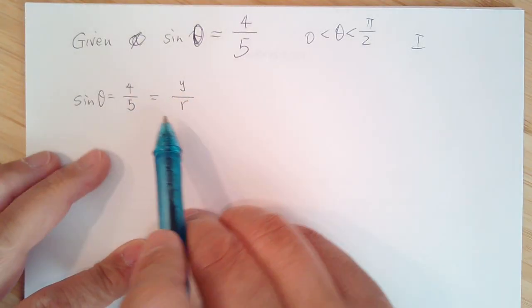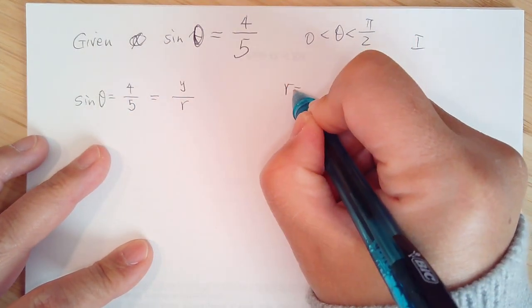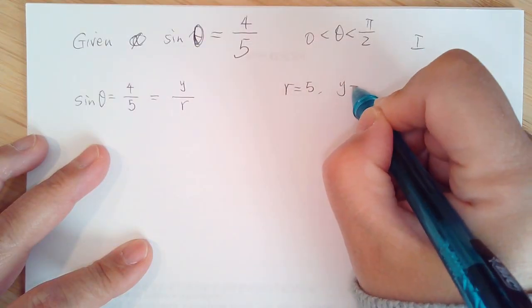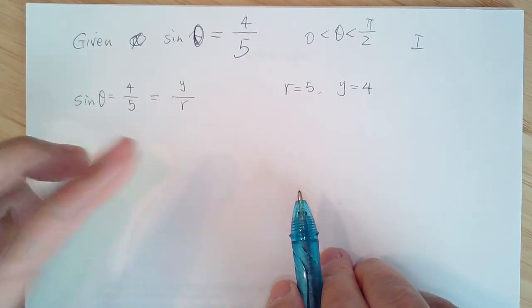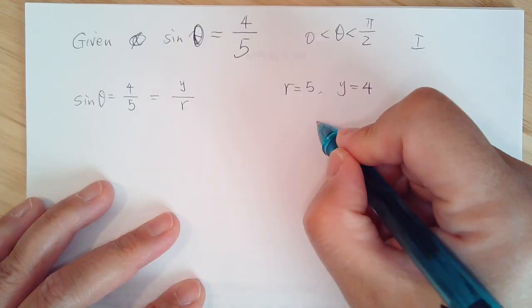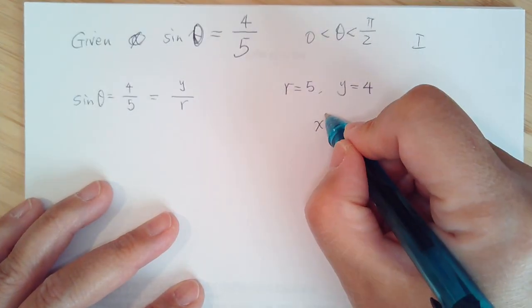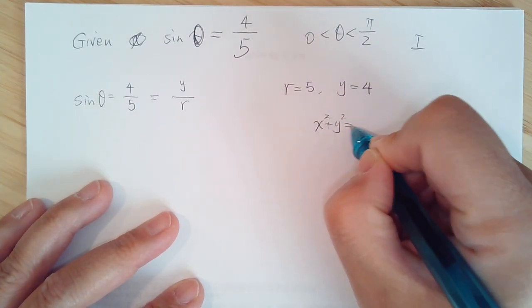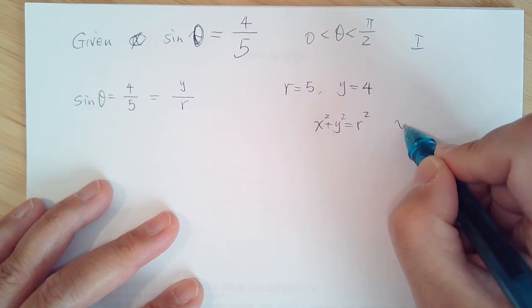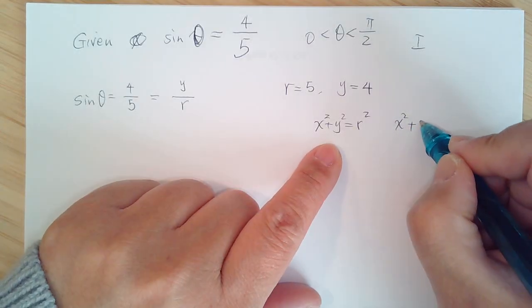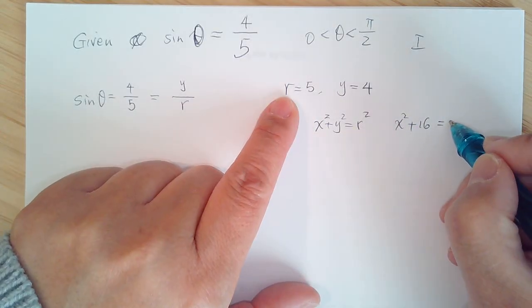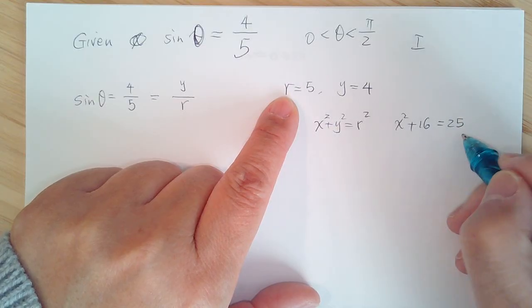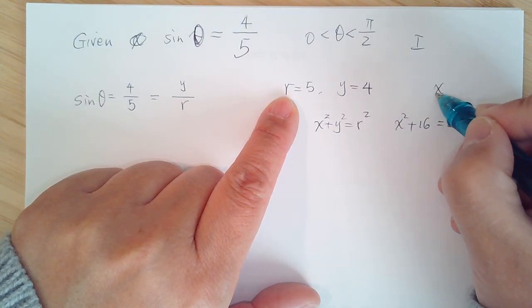Or easily you can just let r be 5, let y be 4. It should be the same because they are in proportion. And then can you find x? Yes, because x squared plus y squared equals r squared. So x squared plus 16 is 25, so x squared is 9, therefore x is 3.